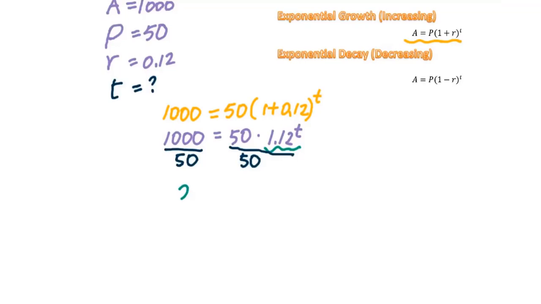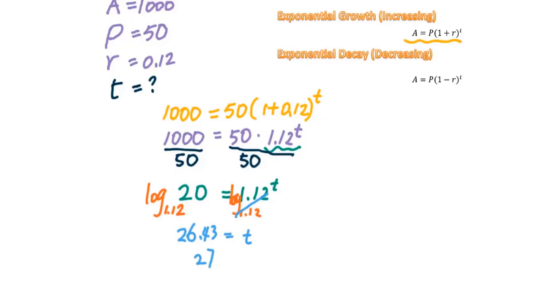So we got 20 equals 1.12 to the t. Then we take log base 1.12 both sides. So on the right side we got the t. On the left side we put into calculator, we will get 26.43. T stands for the month, so we could say 27 months.